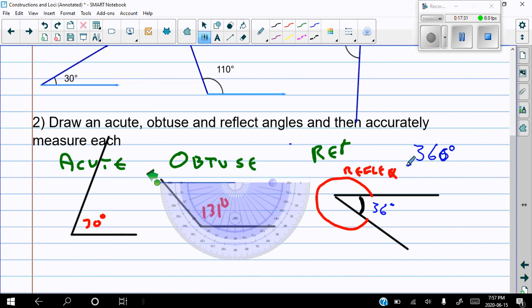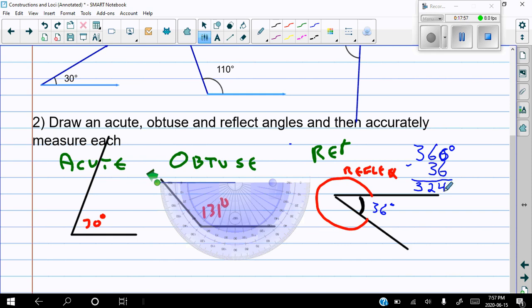That means if we take 36 off 360, we're going to be left with a reflex angle. So this is going to be 360, so that's, what's that, 354? We know we're going to be there. 324.